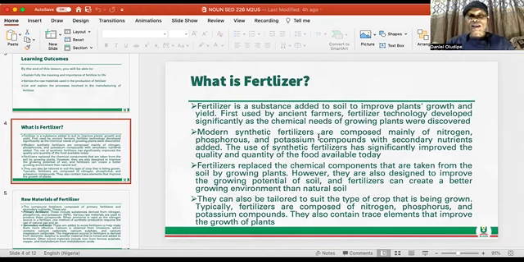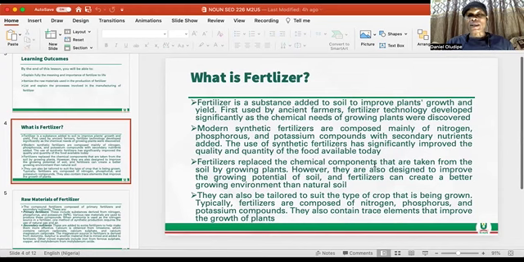Modern synthetic fertilizers are composed mainly of nitrogen, phosphorus, and potassium compounds with secondary nutrients added. The use of synthetic fertilizers has significantly improved the quality and quantity of the food available today.